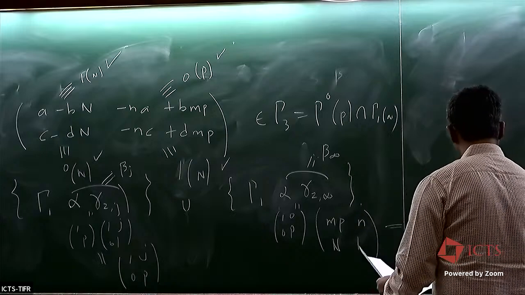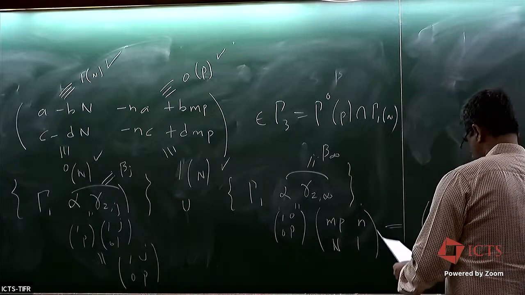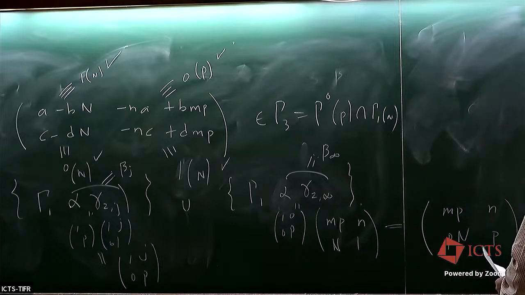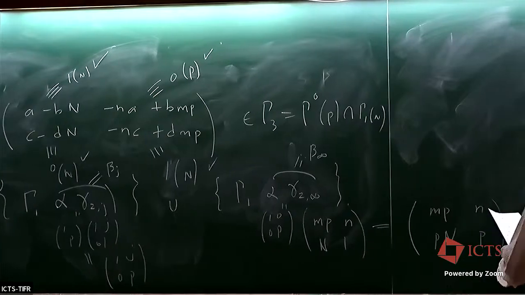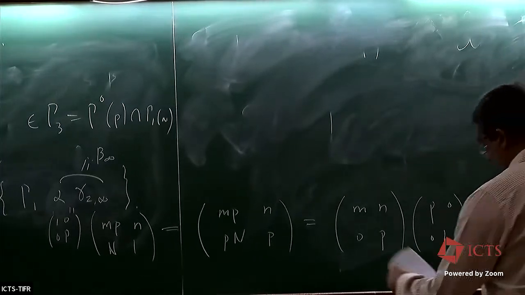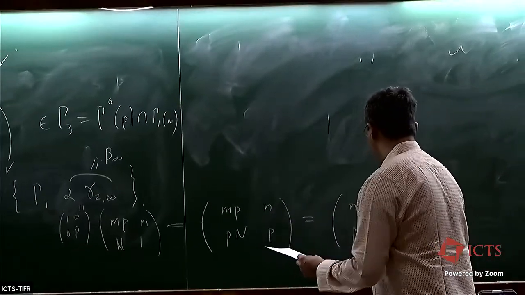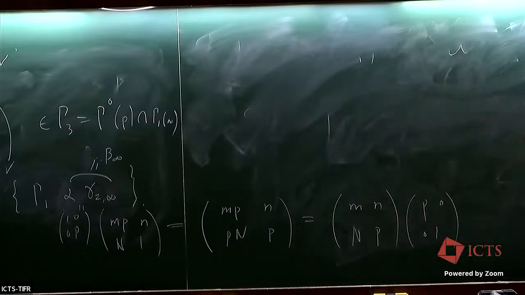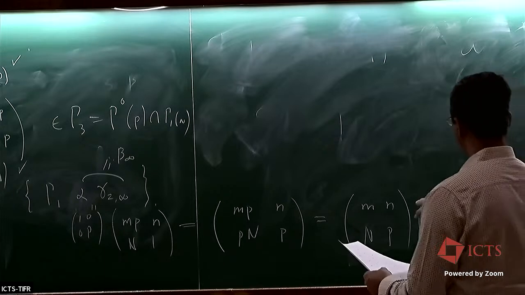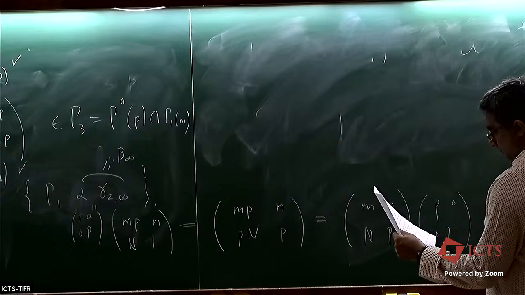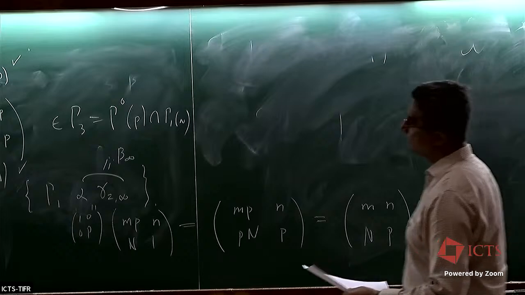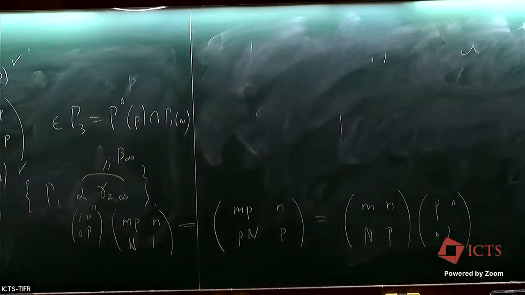MPN, EN, E. And this can be written as MN0P times E001. Sorry, MNNP. So the matrix actually became slightly clean at the end. The ones with little m's and little n's showed up here at the end. Okay, so we've now actually found explicit coset representatives.